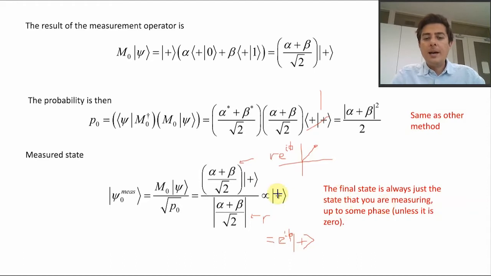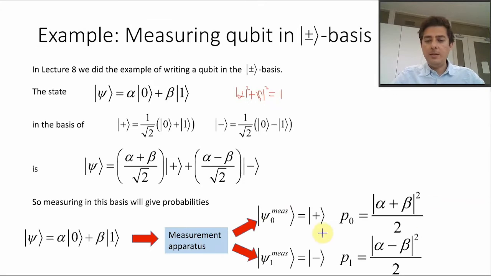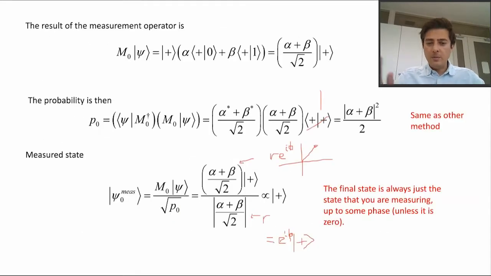But anyway, the important fact is that apart from this e to the i phi, you get exactly this state plus, which also agrees with the outcome here. So the outcome is plus, as we had before, up to some phase according to the measurement operator method. And everything basically agrees with the previous methods, right?